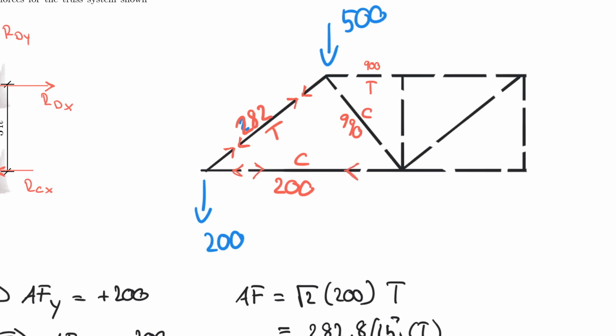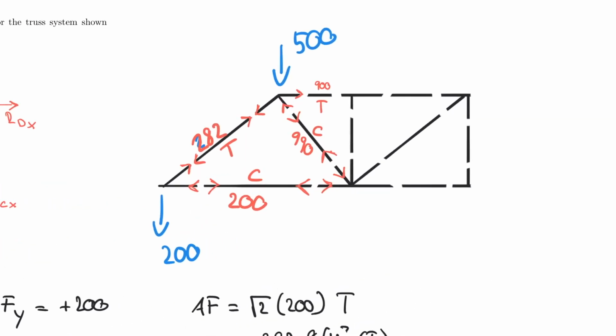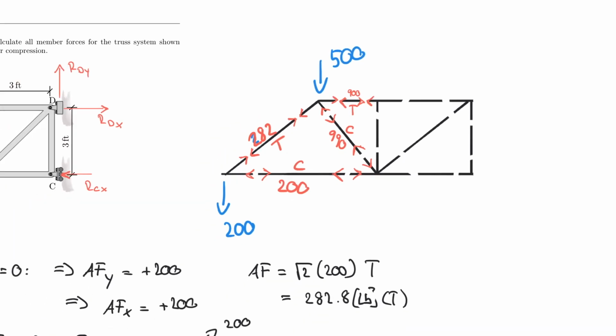This is all in compression now. And the 990 is also in compression. And last thing I can do here so far is the 900 being in tension. And that's all I got so far.